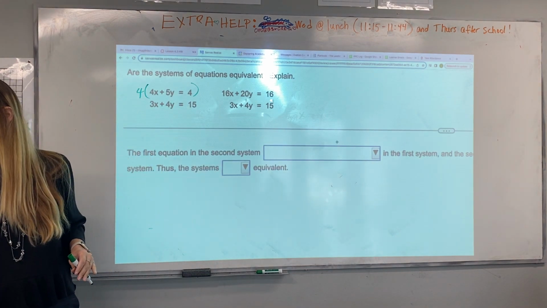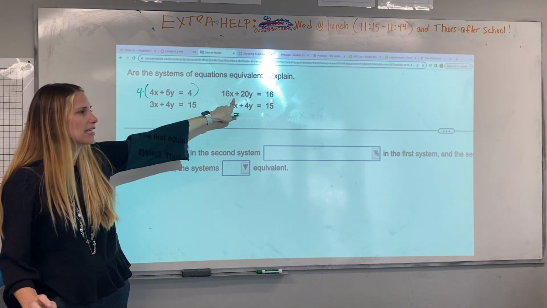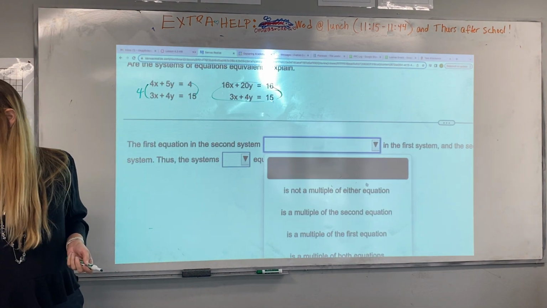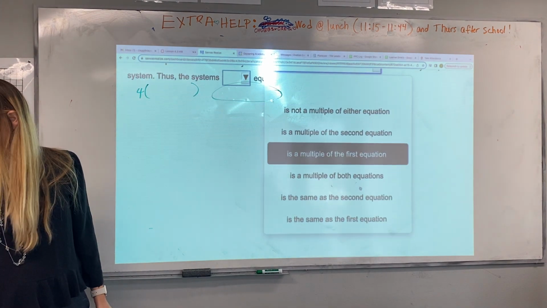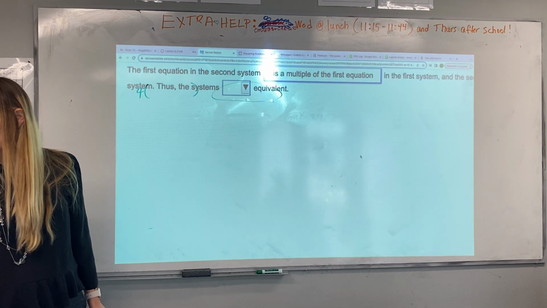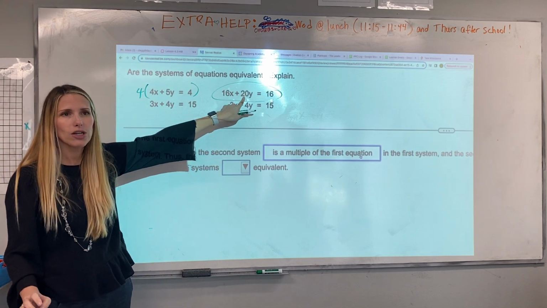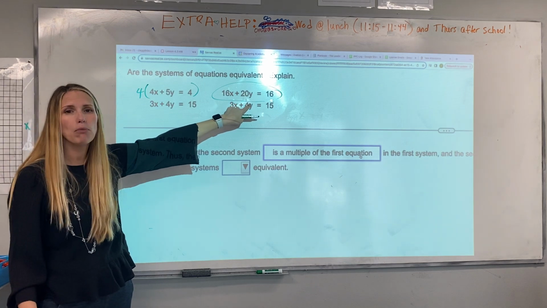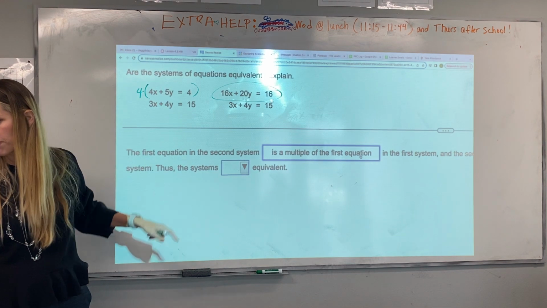So the answer is the first equation in the second system is a multiple of the first equation in the first system.